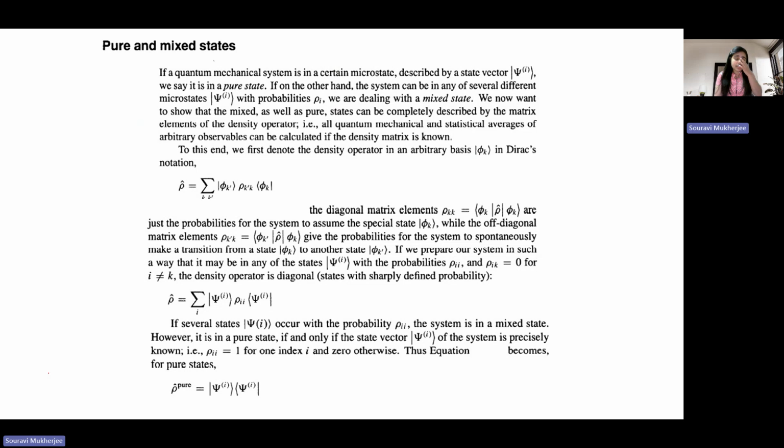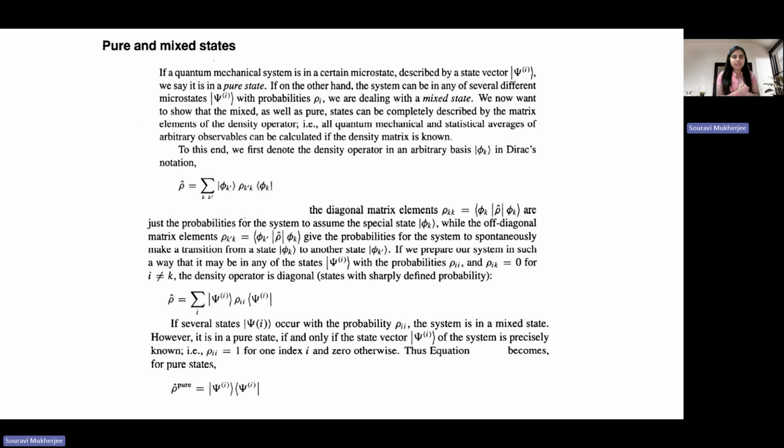Now, one of the students long back, I think, asked me: if you have a superposed state, do you mean that it's a mixed state? That is not necessarily true, right? Because when you write a state vector, or when you are writing a wave function, you can write it in different bases, different basis vectors. As I will be explaining with some examples, I think it will be much clearer.